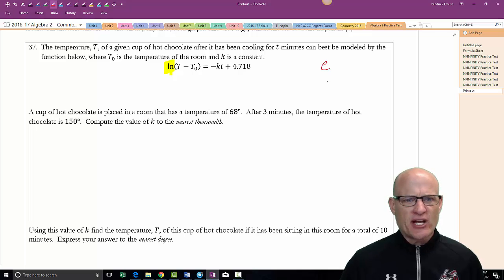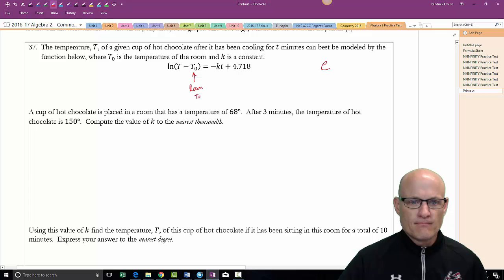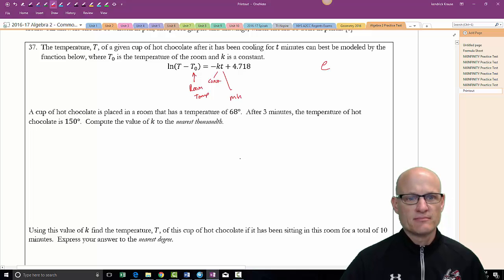Okay, so let's see if we can understand what's going on. T0, this is room temperature. T is in minutes. K is just some constant.